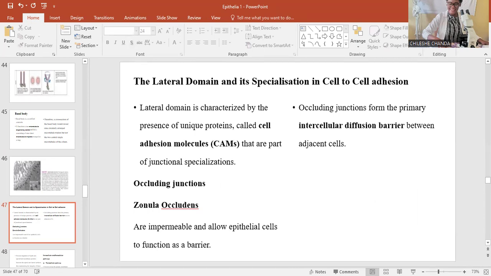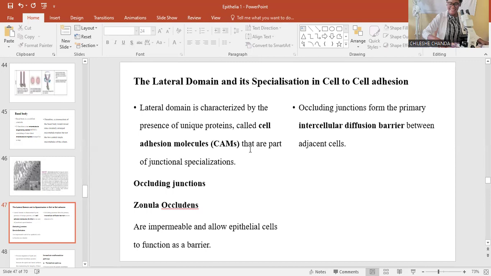So if it's people, they would be held together in such a way that they form a mat. A lot of people held together, meaning towards the front, you're connected to somebody, towards the back, you're connected to somebody, towards the right, you're connected to somebody, towards the left, you're connected to somebody, and at the bottom on your feet, you're connected to the basement membrane. So that is how this epithelium is made.